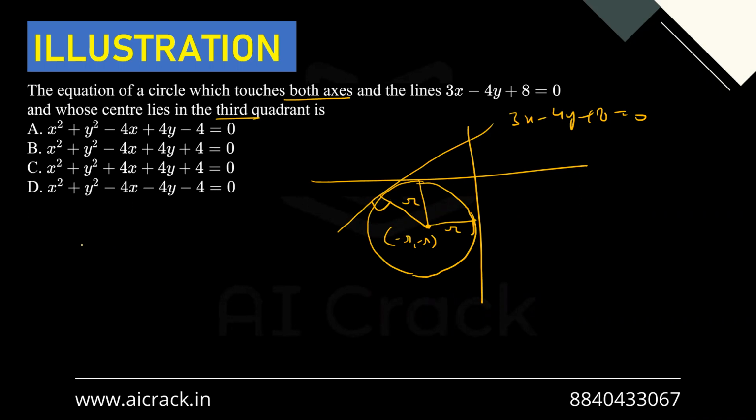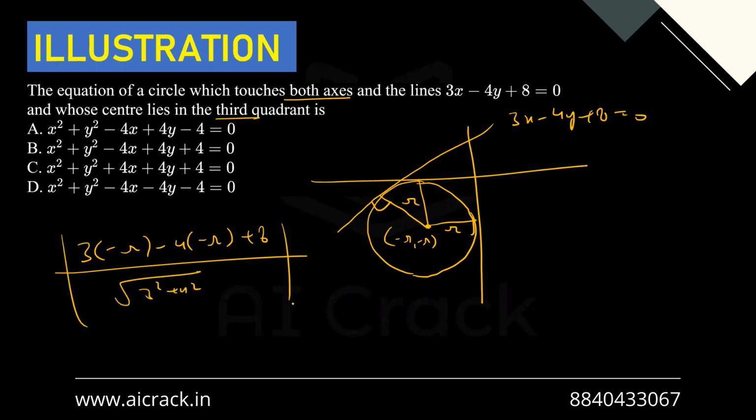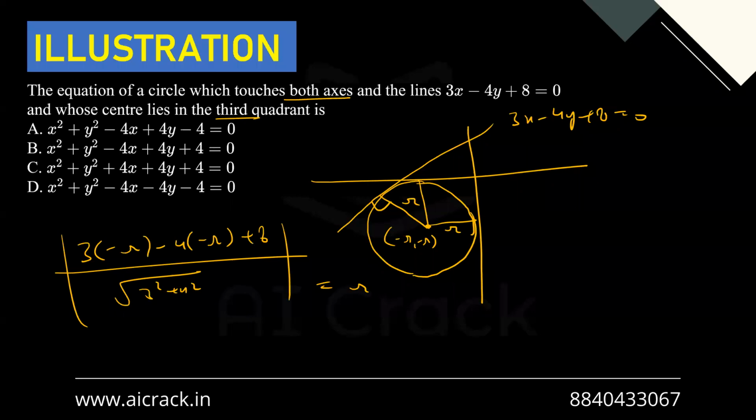So I'll write the formula as modulus of 3 times minus r, minus 4 times minus r, plus 8, divided by under root 3 square plus 4 square. That should be r, right? So that would give me modulus of minus 3r plus 4r, that becomes r only, and r plus 8 divided by 5 equals to r.